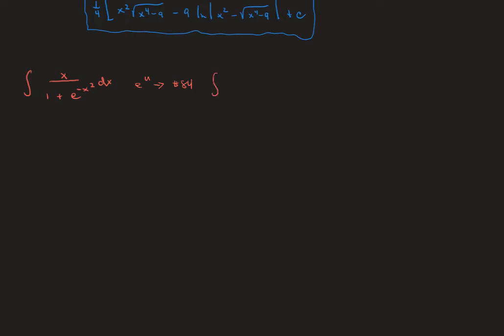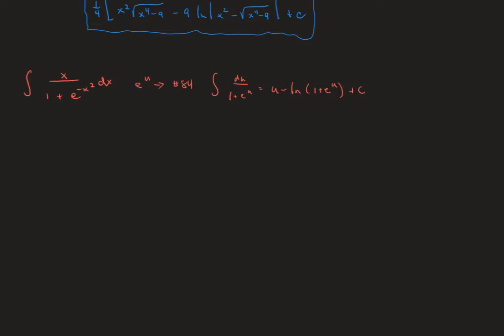And that says the integral of du over 1 plus e to the u will equal u minus the natural log of 1 plus e to the u plus c.